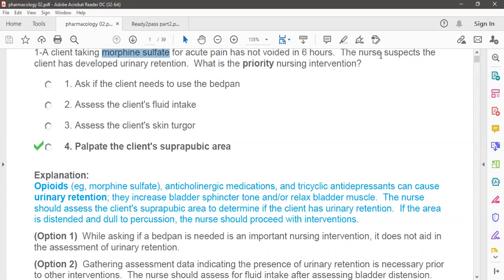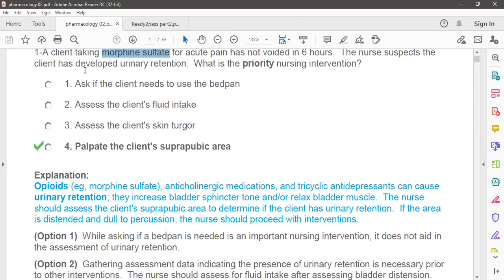So the nurse suspected the client has developed urinary retention. Everybody knows that morphine is a pain medication, but it has some side effects. When you study pharmacology, I would like to request that you focus on the side effects of medications, because in our nursing profession, we have to deal with the patient.